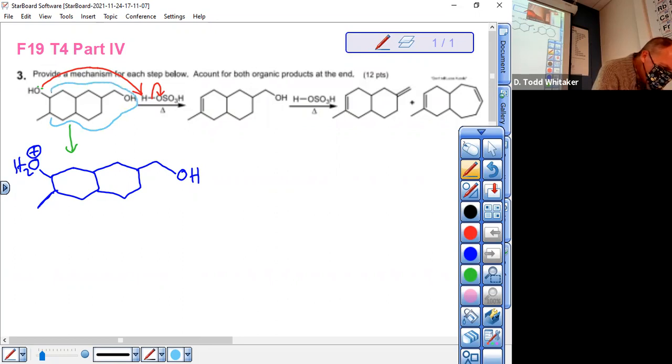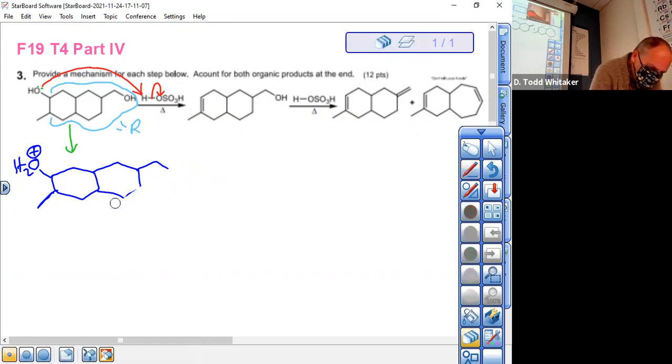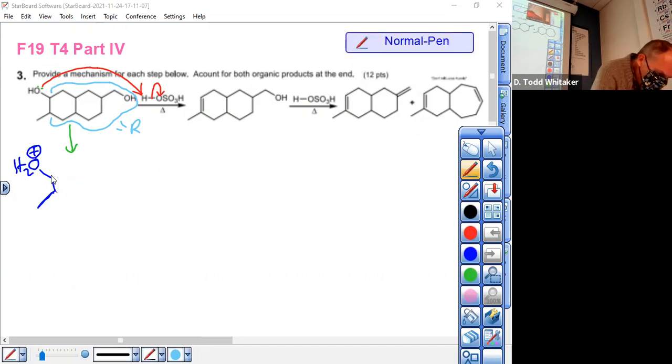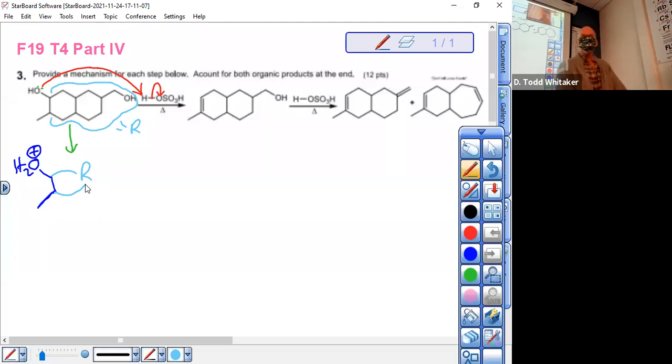So if we go like this and circle everything except for the, I'm starting to like it. Because there's no change over here. Your point's well taken. So that bond has to stay, and then you can just do this. That's acceptable to me. That's pretty clear. There's the bond there, still there. And the R is everything not circled.